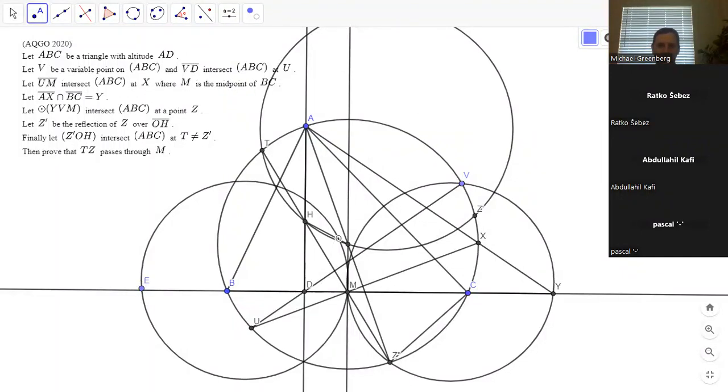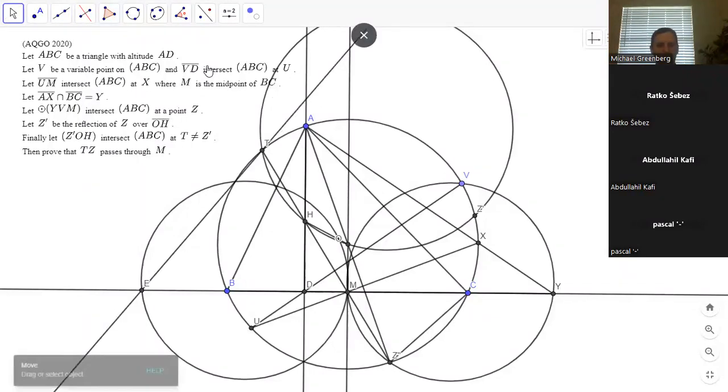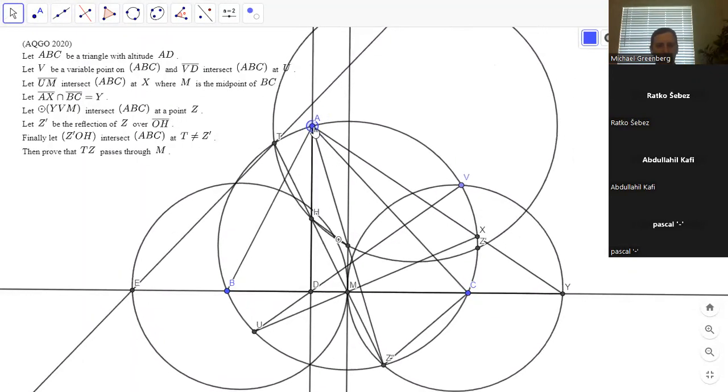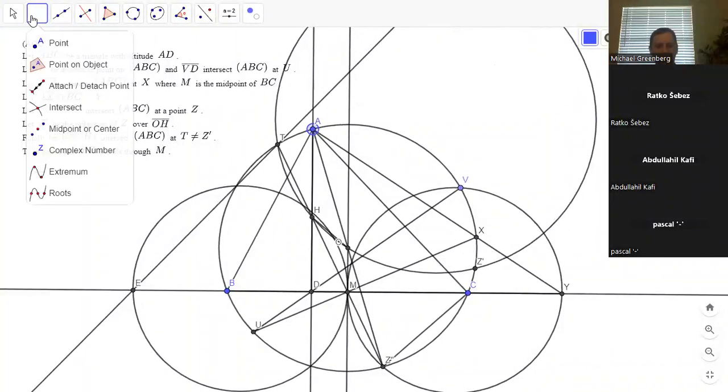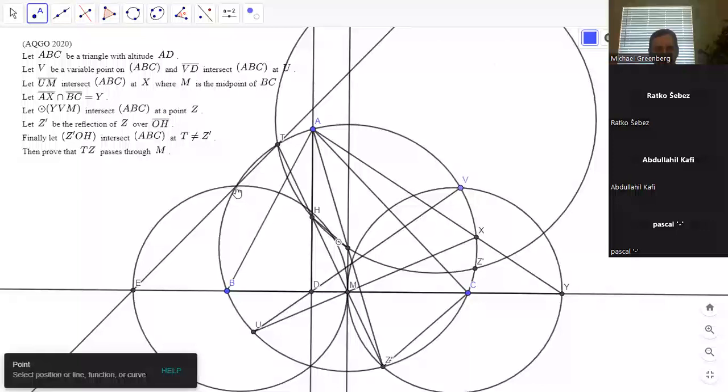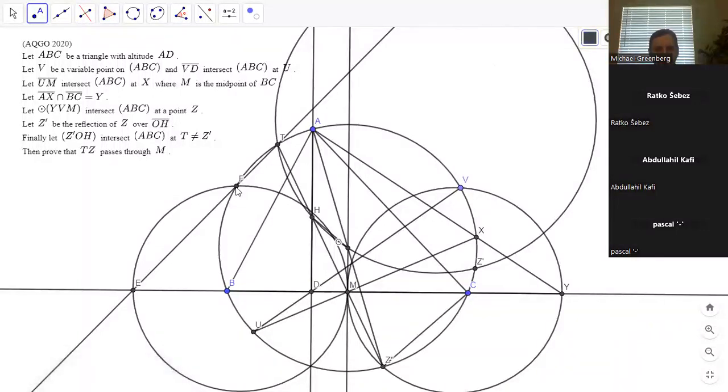It's probably a bad idea, but I'll just try it for a second. Oh, maybe these are collinear then. Yeah, it looks like it. So maybe it's not such a bad idea. And then this would go through here.